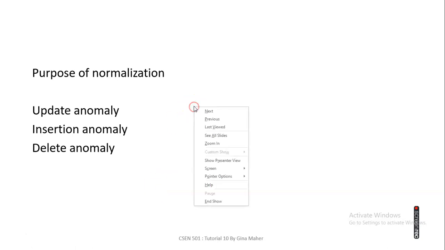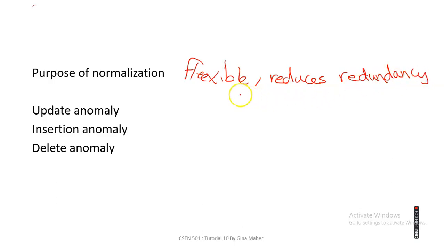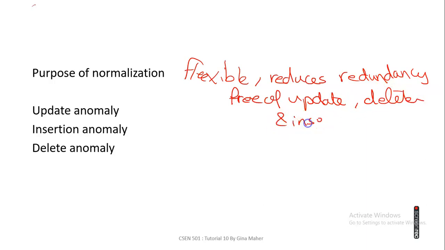What is the purpose of normalization? Actually, the purpose of normalization is to achieve a design that is flexible, reduces redundancy, and last but not least, is free of update, delete, and insertion anomalies.